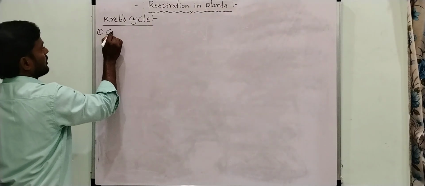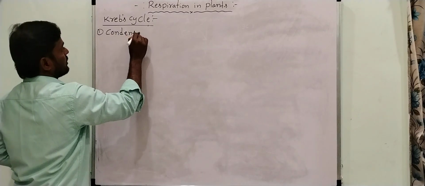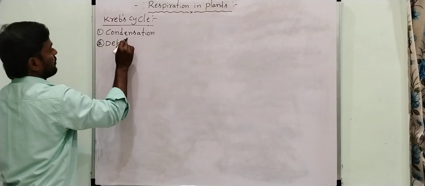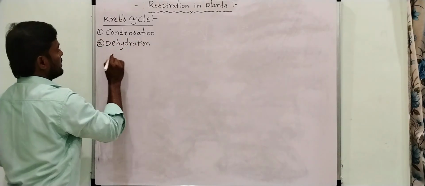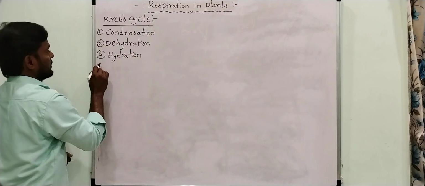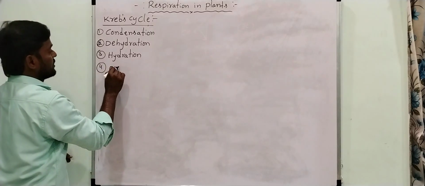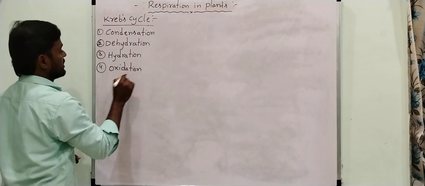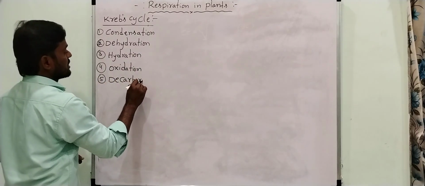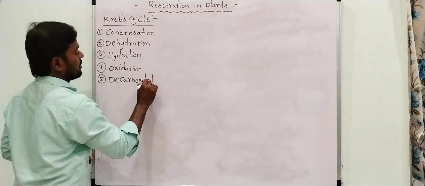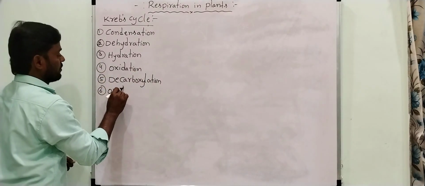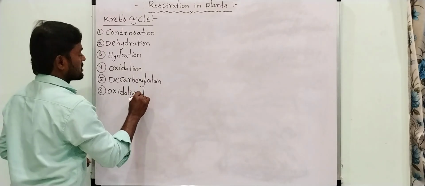First one is condensation. Second one is dehydration. Third one is hydration. Fourth one is oxidation. Fifth one is decarboxylation. Sixth one is oxidative decarboxylation.